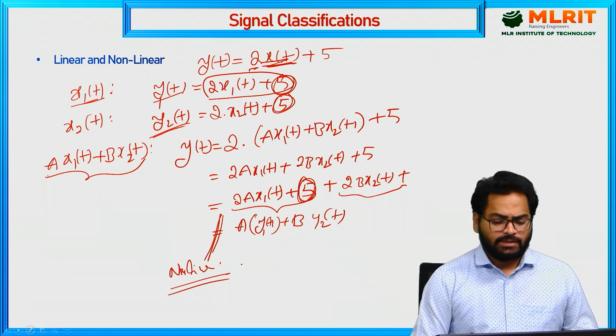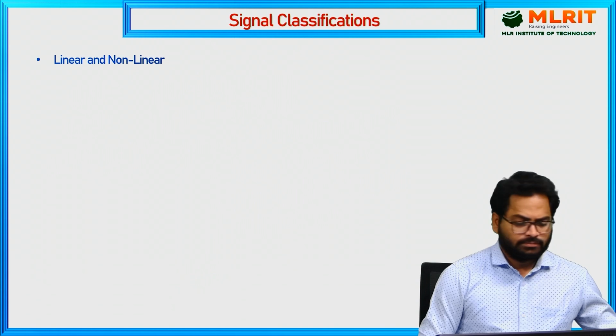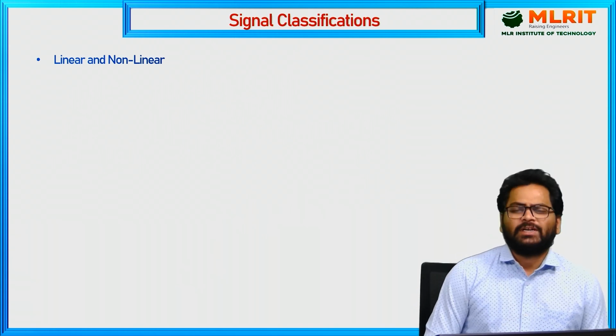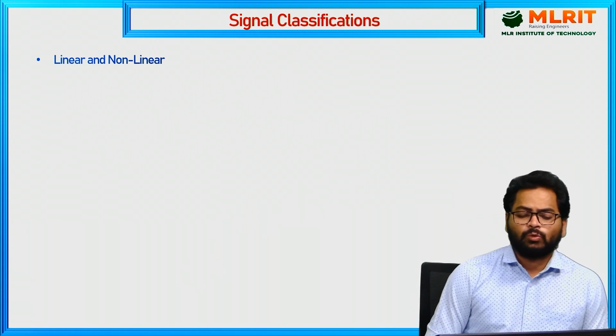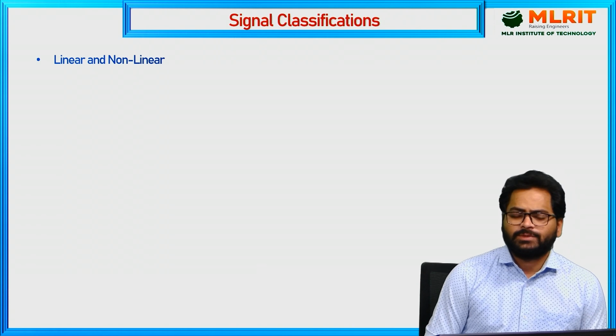So in general, what are the fundamental rules to remember while deciding whether the given system is linear or non-linear?